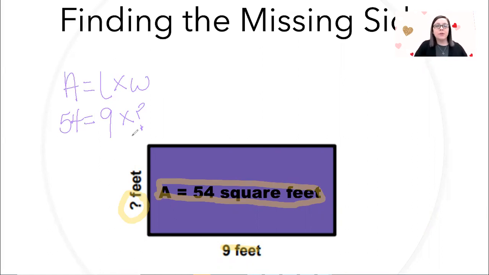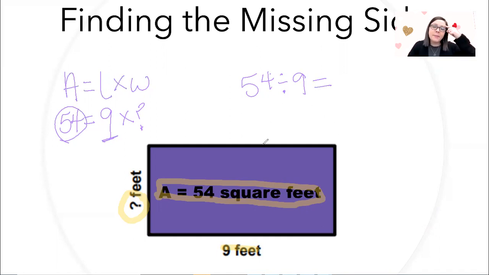That's how I work backwards. So instead of multiplying here, I'm going to have to divide. So I'm going to take that grand total that I have of 54 square feet, and I'm going to divide it by 9, the one side that I do have.